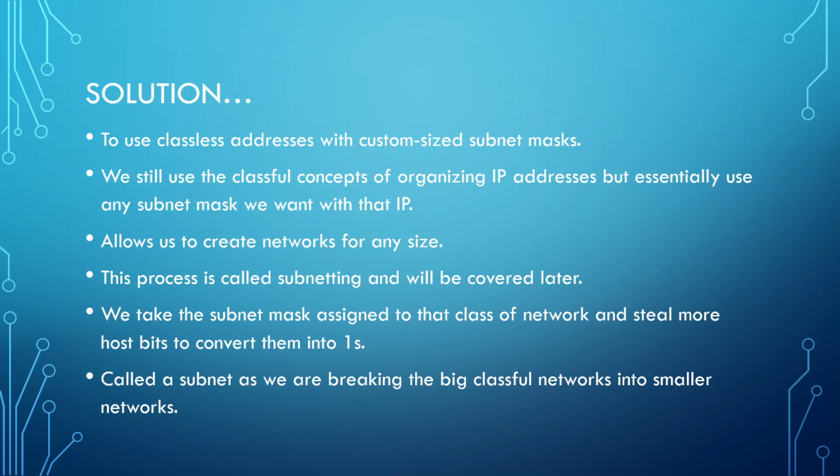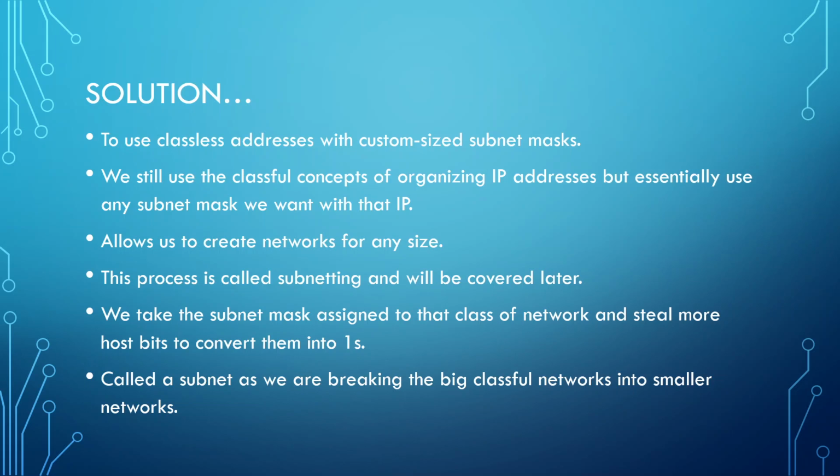Essentially what we do is take the subnet mask assigned to that class of network. So in this case, let's use a Class A network, which has a 255.0.0.0 subnet mask. Obviously that's made up of 8 bits of 1 and 24 bits of 0. In the process of subnetting, all we do is take that normal subnet mask assigned to, say, a Class A IP address, and then steal more host bits, more 0 bits, by turning zeros into ones.